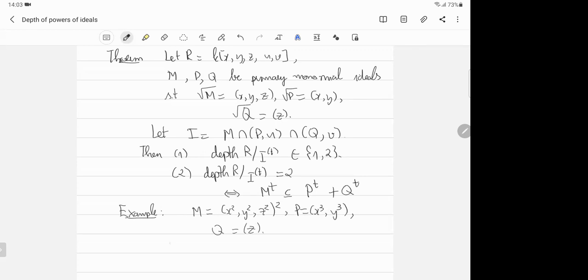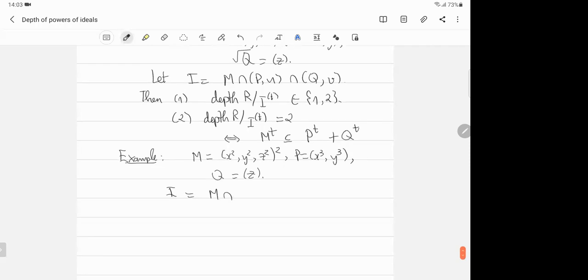Then you take I as above and intersect with P plus U, intersect with Q plus V. Then you clearly have a periodic depth function with period 2. This will be 1 if n is odd, and 2 if n is even.